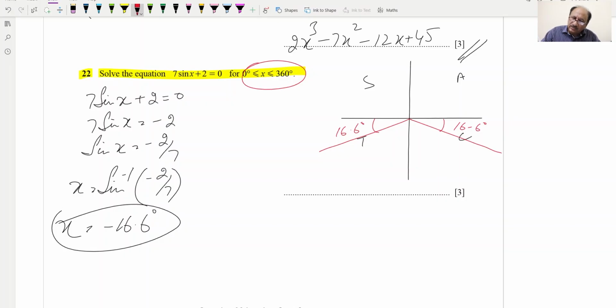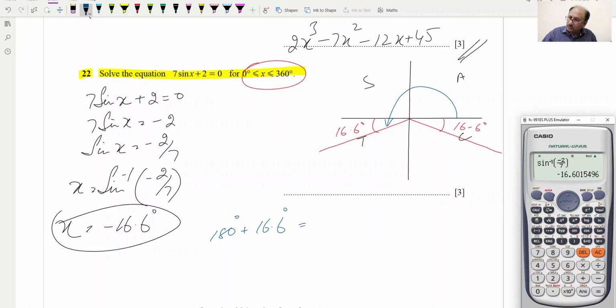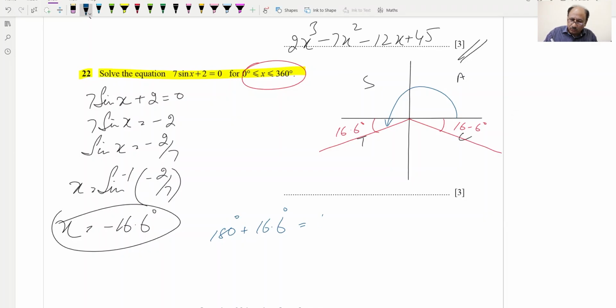So one angle we can take from this point to this point, and it will be 180 plus 16.6 degrees, and this will be 196.6 degrees, and we can move this over here so that we can write properly.